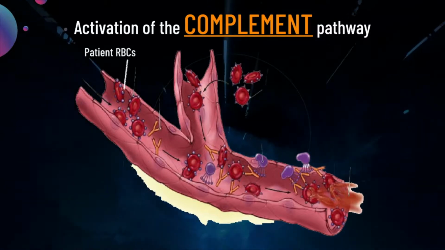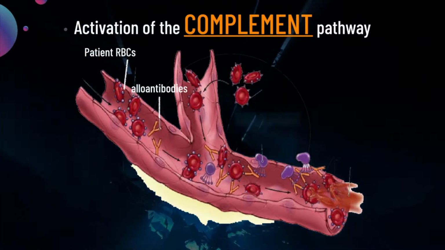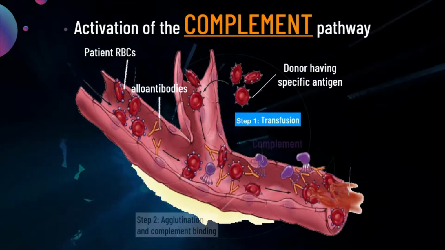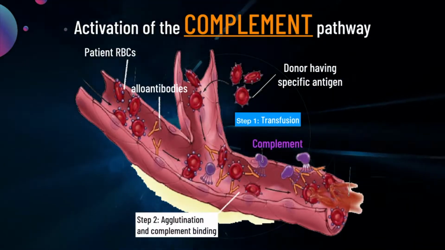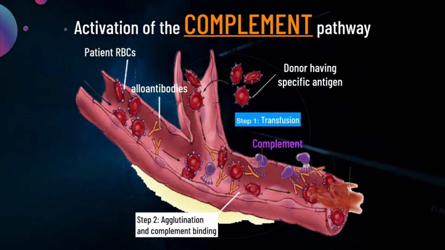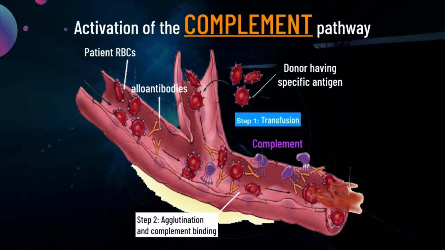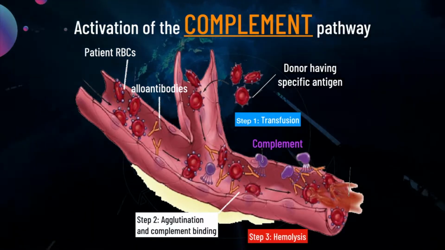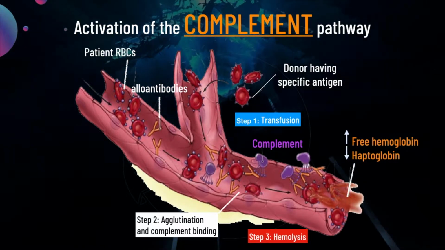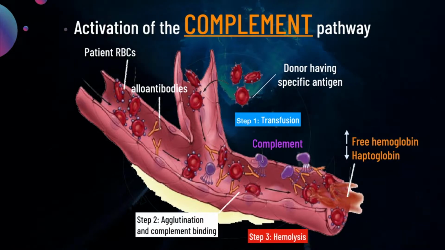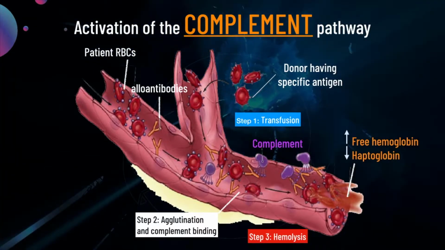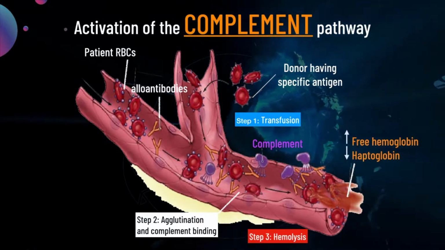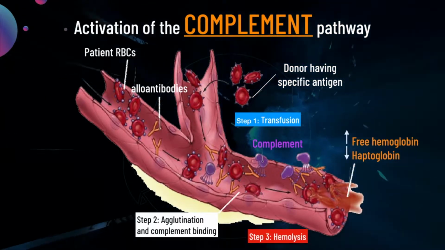In this slide, a patient with antibodies was transfused with donor blood having the specific antigen. So, donor cells will be agglutinated by intravascular antibodies and complement bound. Completion of the complement cascade causes hemolysis, which can be observed as increased free hemoglobin together with decreased haptoglobin in the fresh serum sample obtained within 1 hour after onset of the reaction.